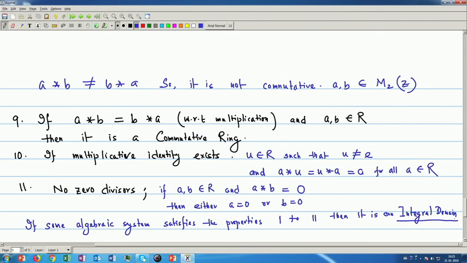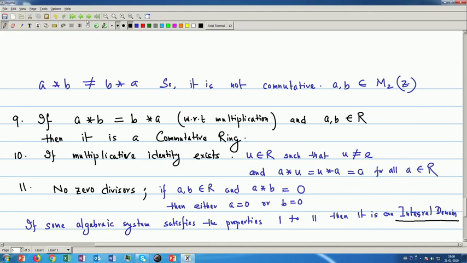That means, over the properties of ring, we can add the property of commutativity with respect to multiplication, then that a multiplicative identity exists, and no zero divisors, then this is called an integral domain.